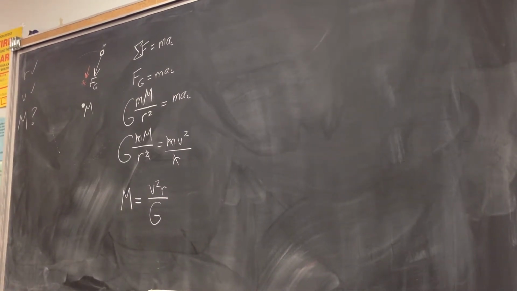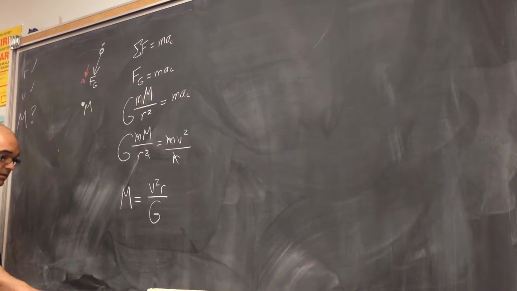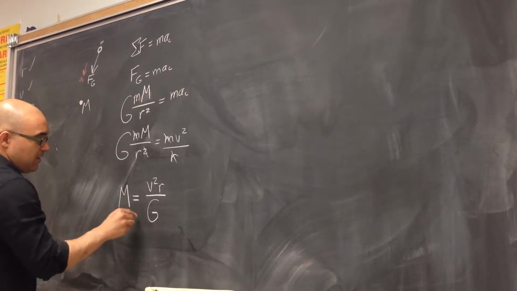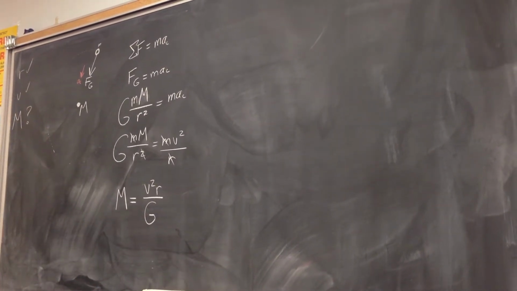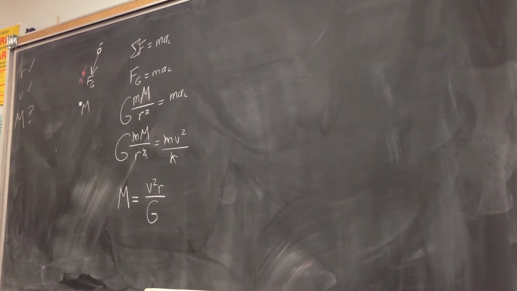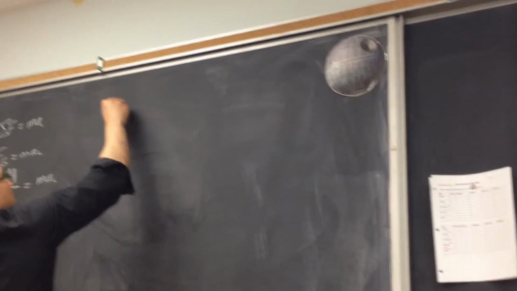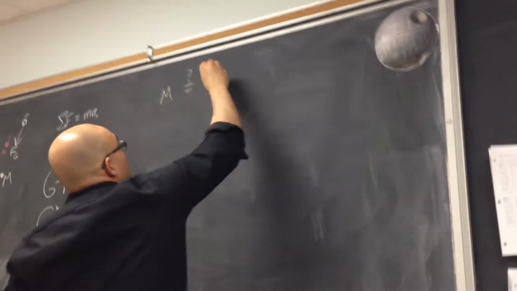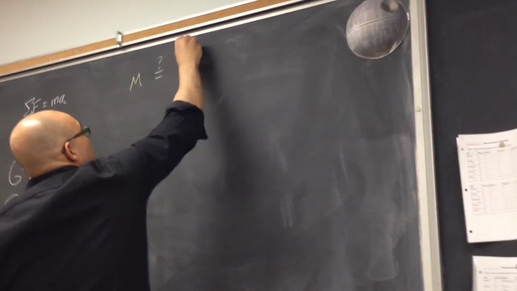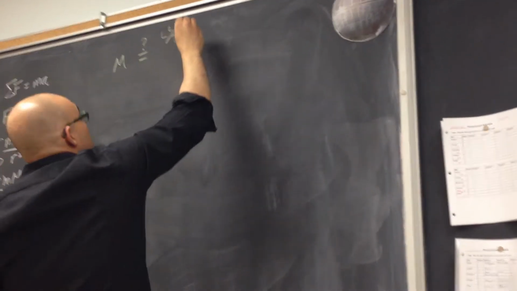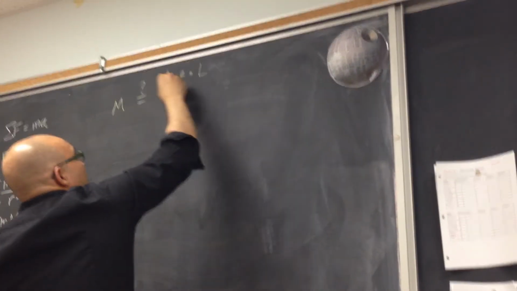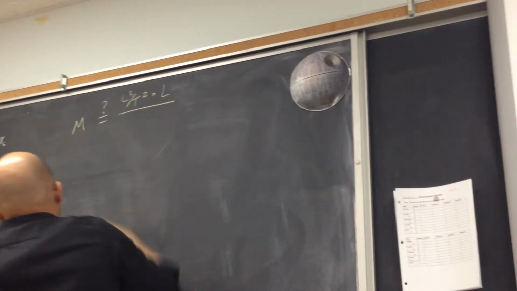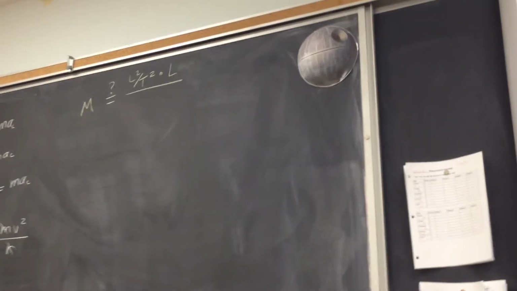Okay, so let's determine if the equation is correct using dimensional analysis. Okay, so on the left side, we've got a mass. The question is, is that equal to the right side, where we have a length squared over a time squared times a length over, now I've got to remember what G is.